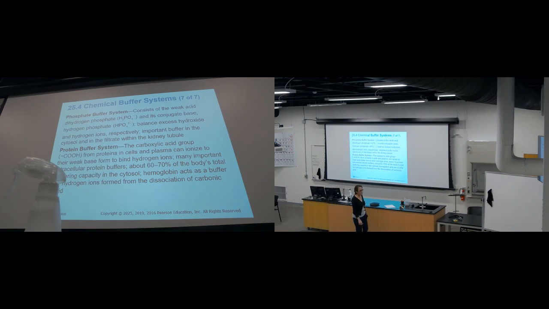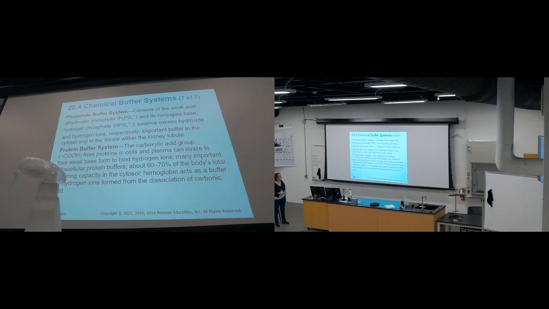The carbonic acid and bicarbonate ion system is fast in comparison to the next system, which is the protein buffer system. Proteins, since they have an amino group and a carboxyl group, can accept or donate hydrogen ions, which makes them a buffer. But that's something that our cells don't like, because you will be using precious proteins to buffer, but it can help.